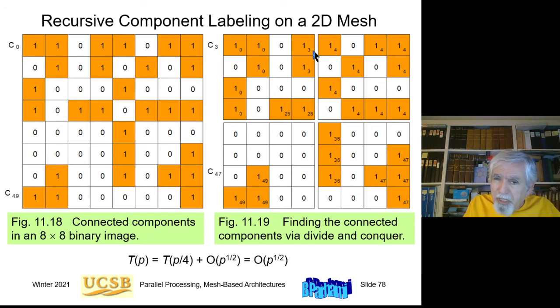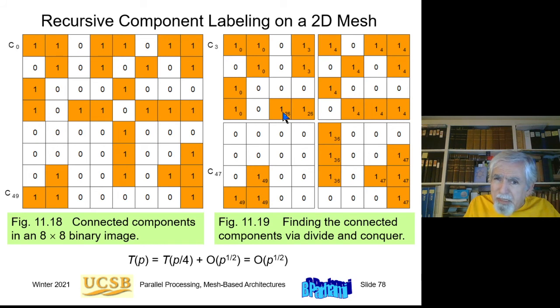And so this is component 0. I basically use the smallest processor index as the component index. So processor 0 is here, so this component is called component 0. Processor 3 is there, this is component 3.